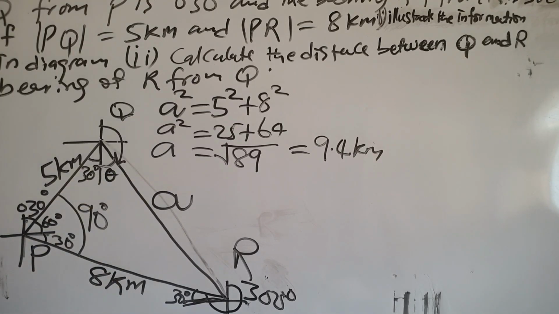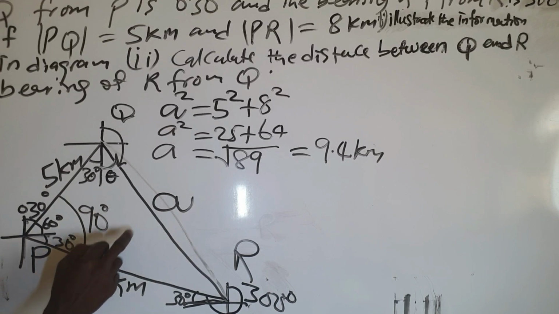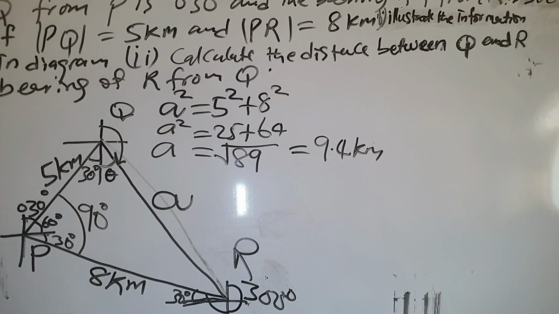Since this triangle is a right angle triangle, we can now use a trigonometric ratio.